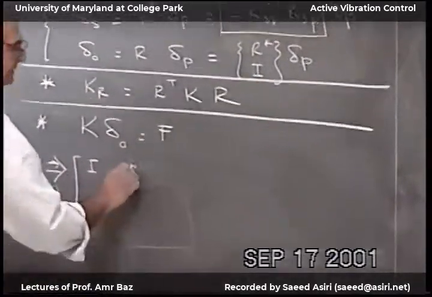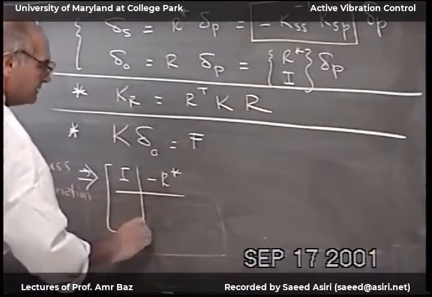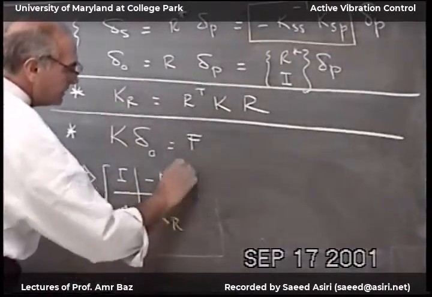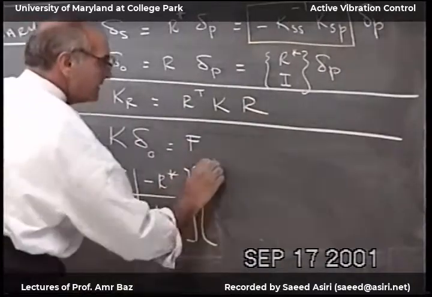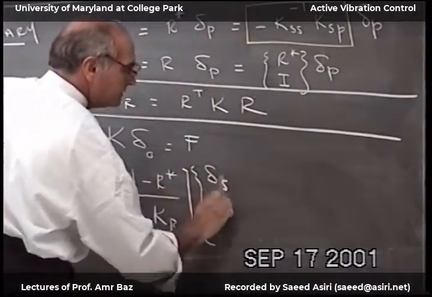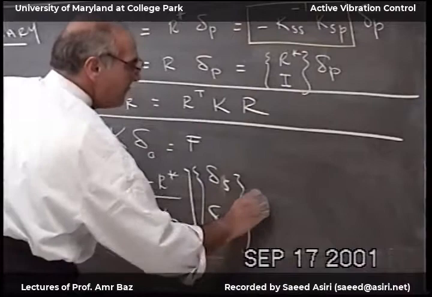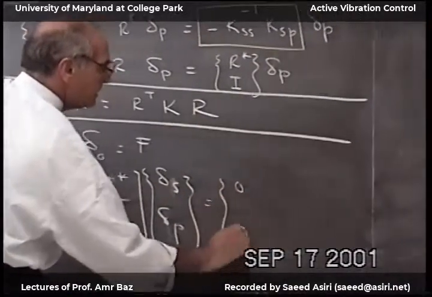Identity minus R asterisk 0 K reduced, delta P, delta S, delta P, 0. Thank you.